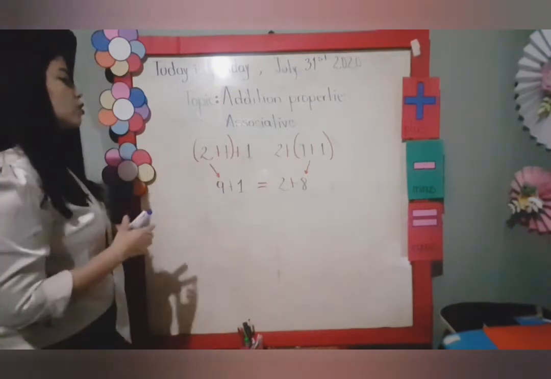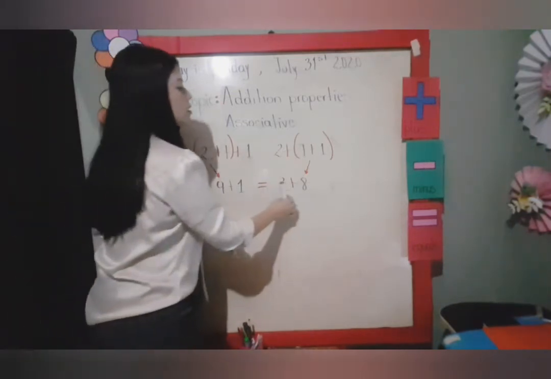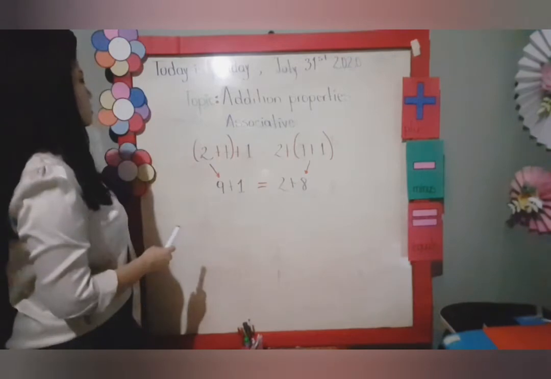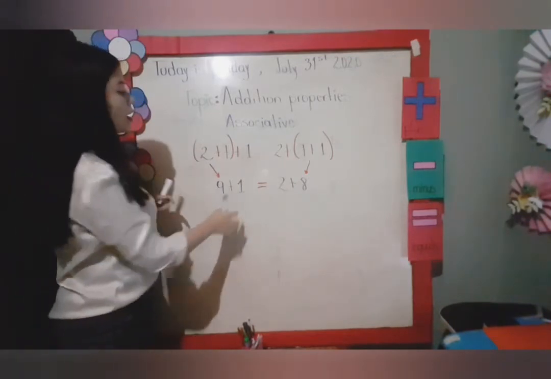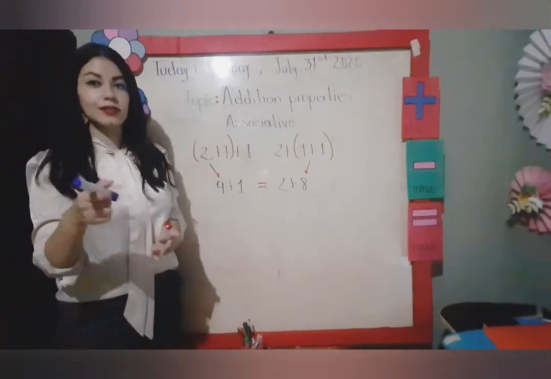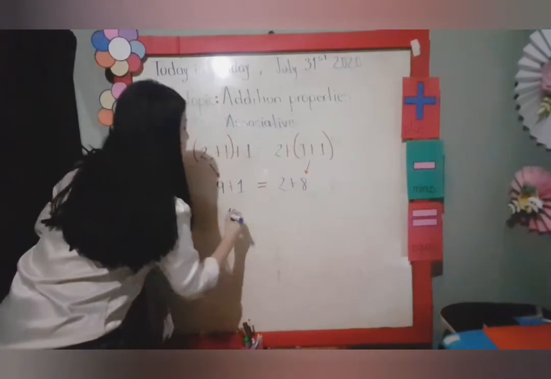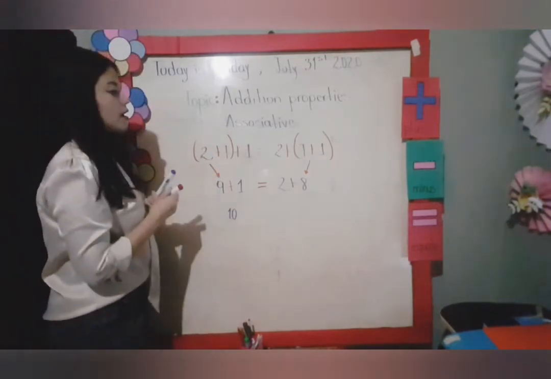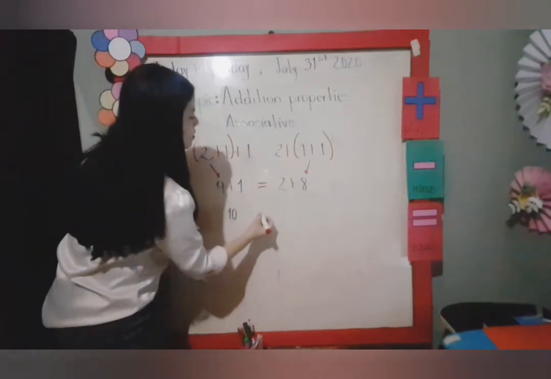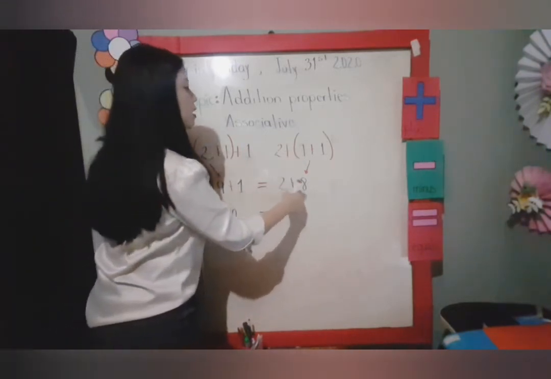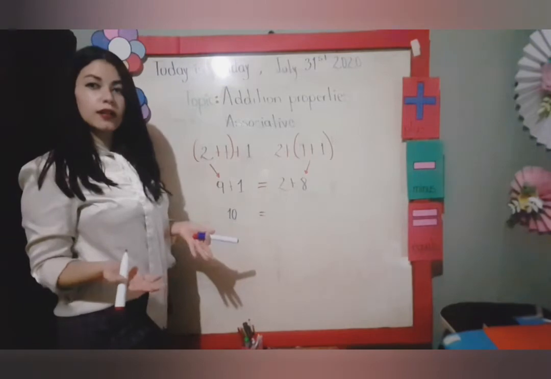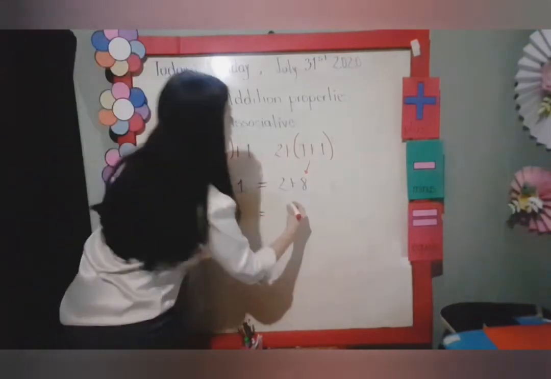Now we are going to add both numbers. 9 plus 1 is equal to 10. 2 plus 8 is equal to 10, right?